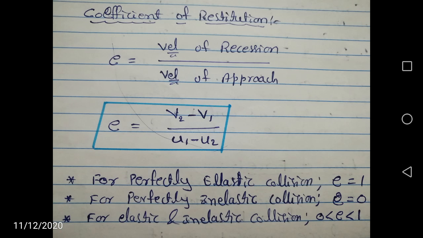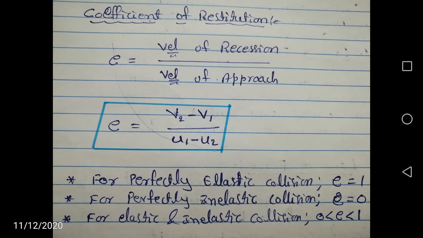This loss in kinetic energy will appear in the form of sound, heat, light, or in the deformation of the colliding system. This is known as the law of impact.